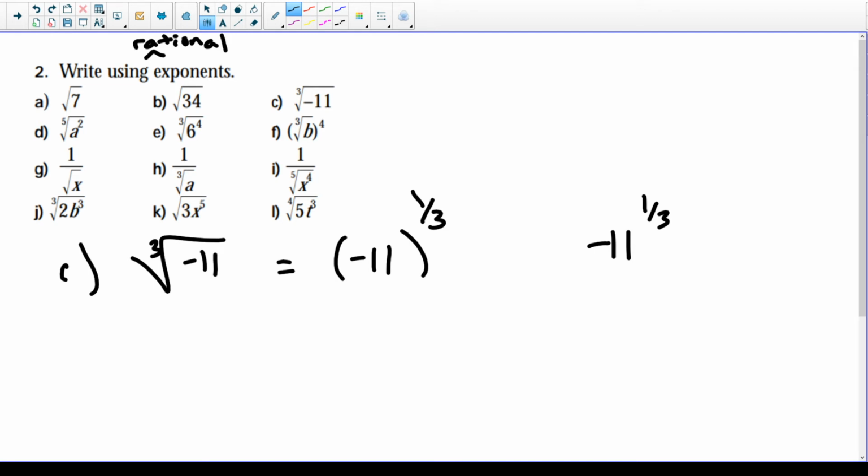Okay? You should not write a negative base without a bracket ever if you are given the choice. Now, technically speaking, and you can correct me if I'm wrong in chat, wouldn't the answer be negative anyway?